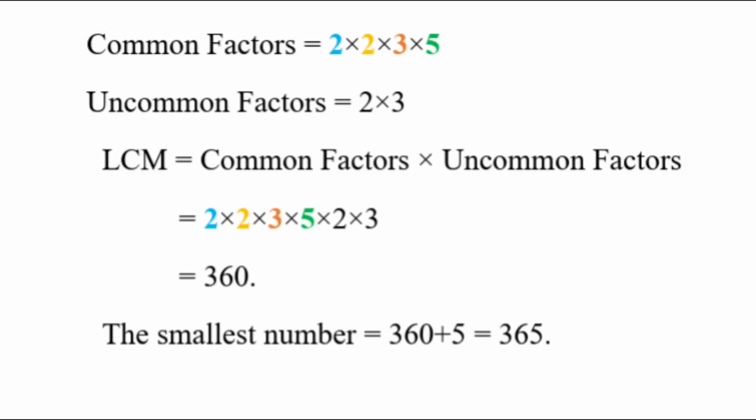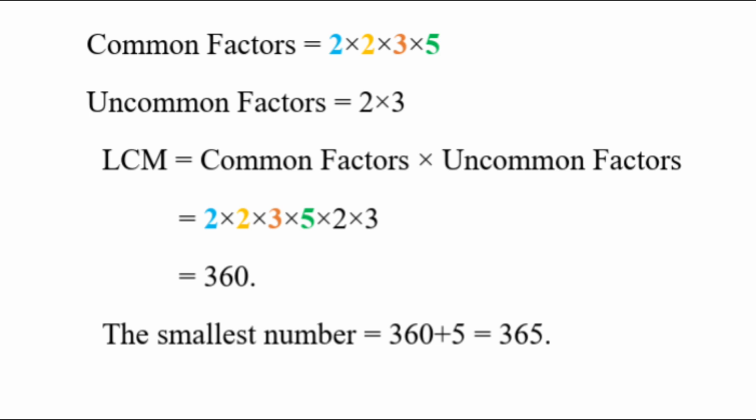Common factors are 2 into 2 into 3 into 5 and uncommon are 2 and 3. So LCM is equal to the product of both common as well as uncommon factors. 2 2s are 4, 4 3s are 12, 12 5s are 60, 60 2s are 120 and 120 3s are 360.